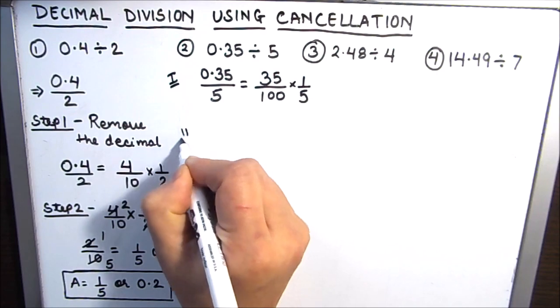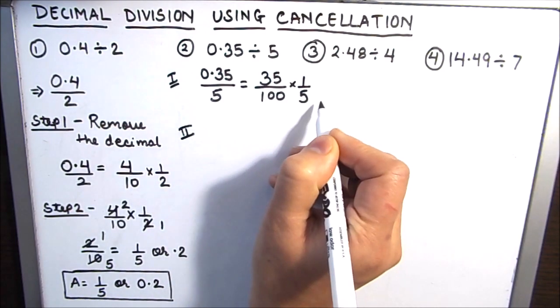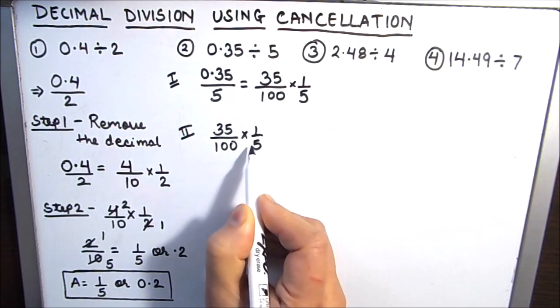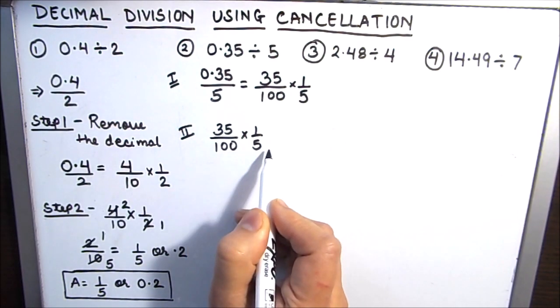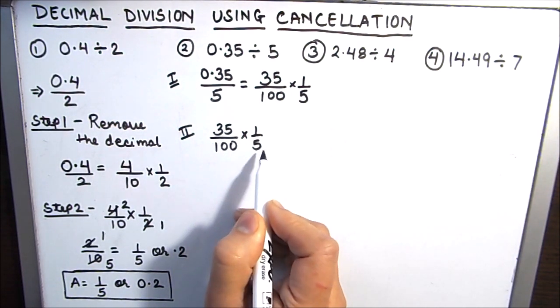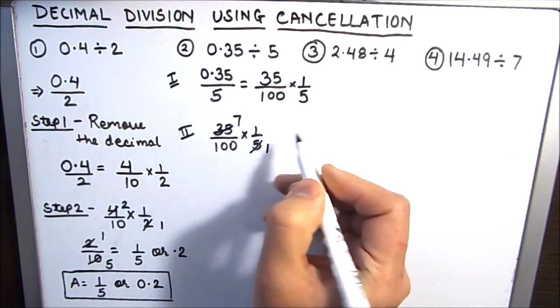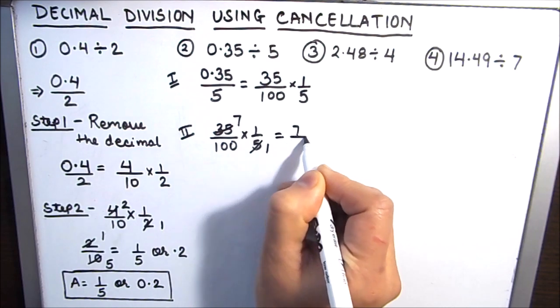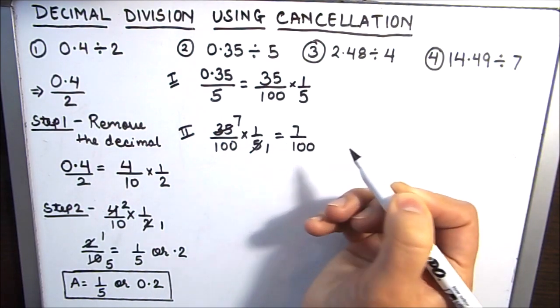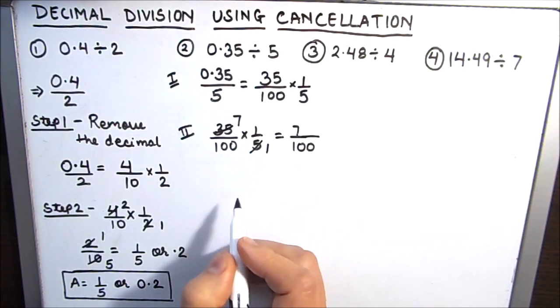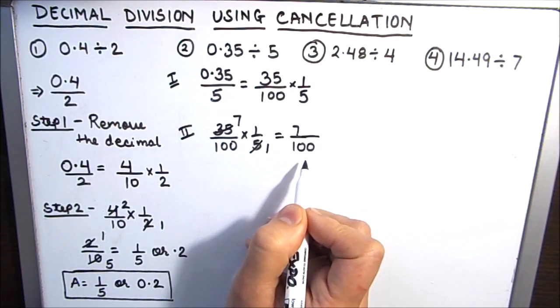The second step is to cancel out the terms having common factors. So here we see that 35 and 5 can be cancelled because they have a common factor 5. So 5 times 1 and 5 times 7. So this comes out to be 7 over 100. Now we see that it cannot be further reduced or cancelled because there is no common factor.